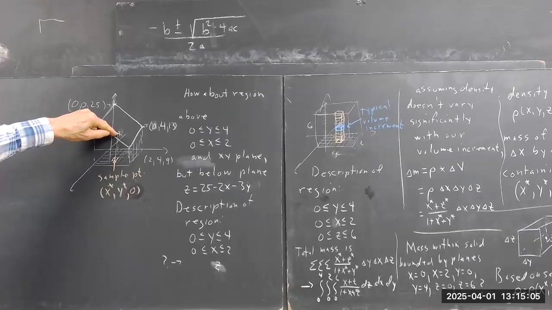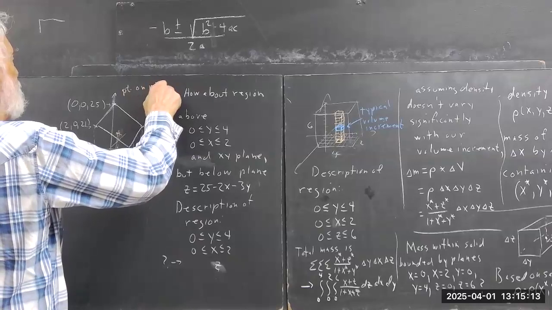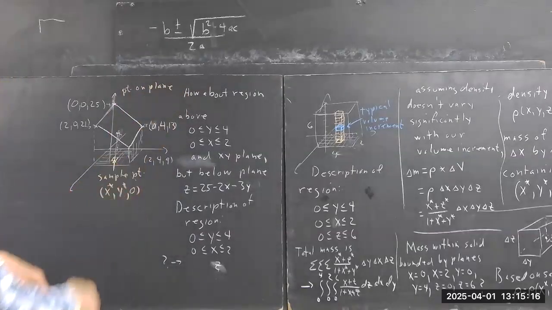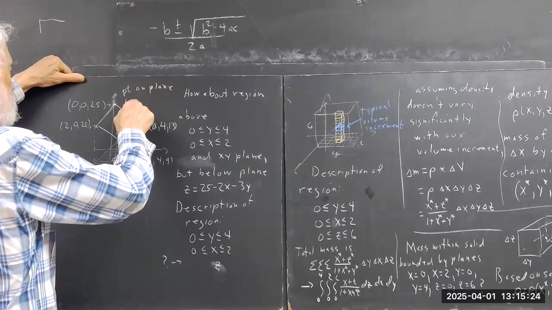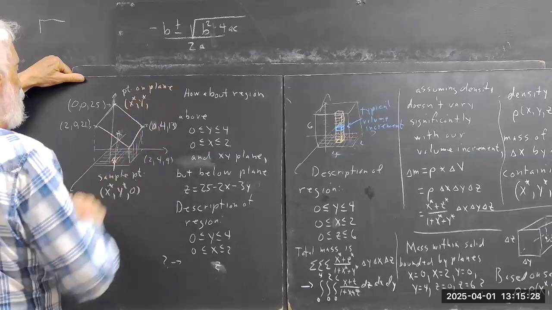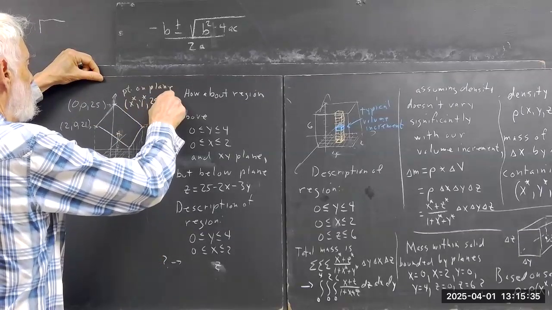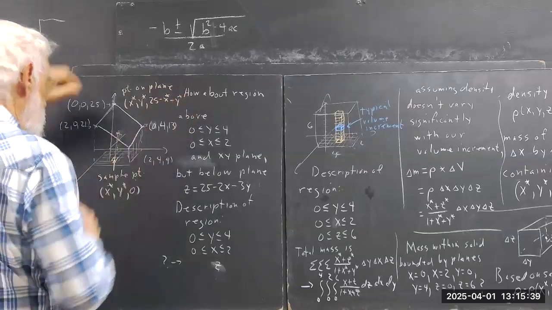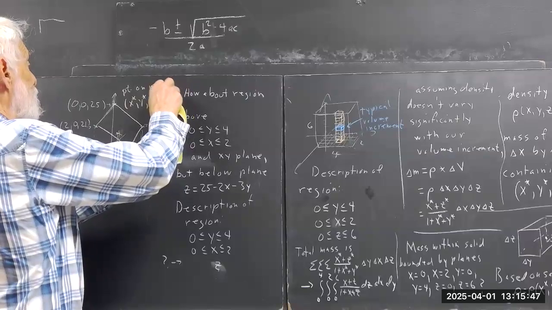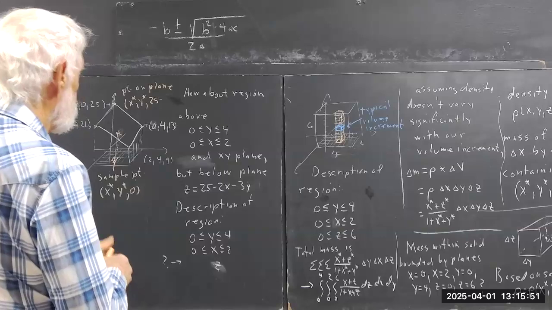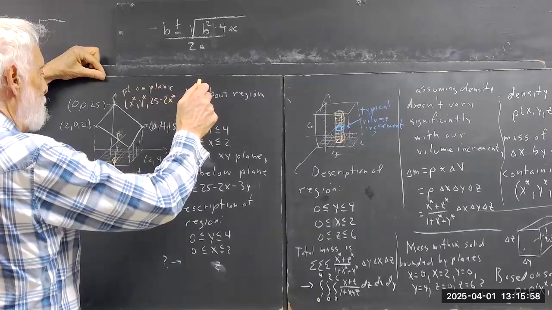The point on the plane above that sample point, the point on the plane corresponding to the sample point, well, the z coordinate is going to be, I've got some coefficients in there, 2x star minus 3y star.